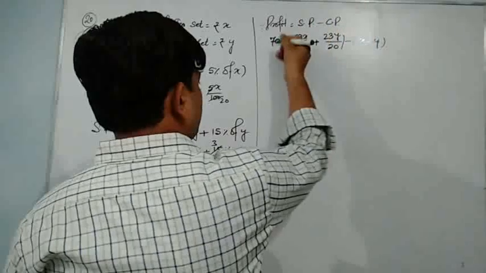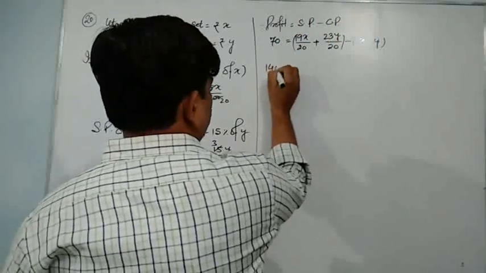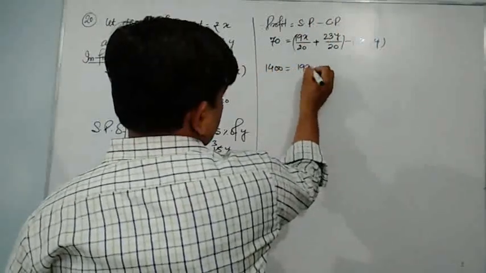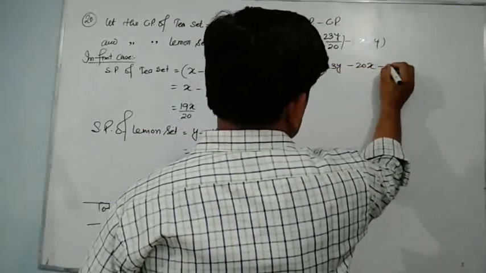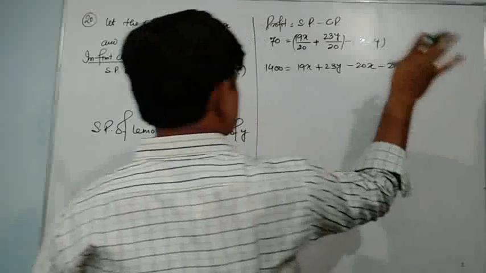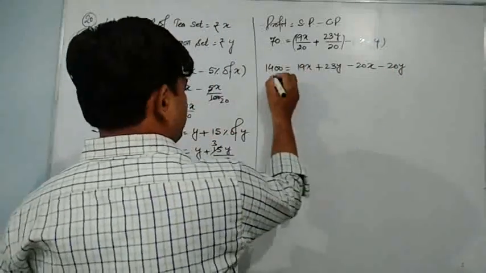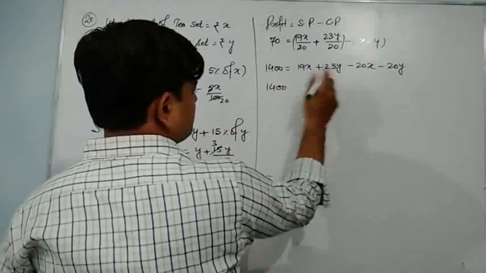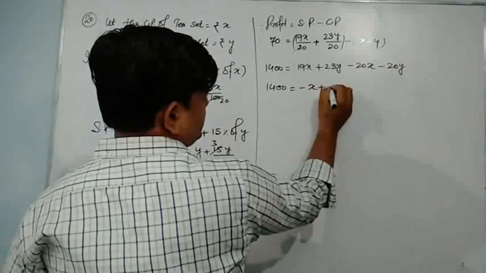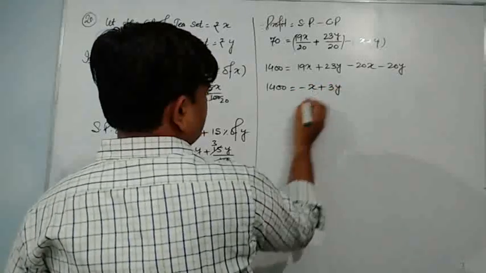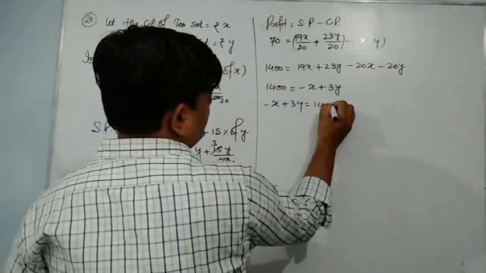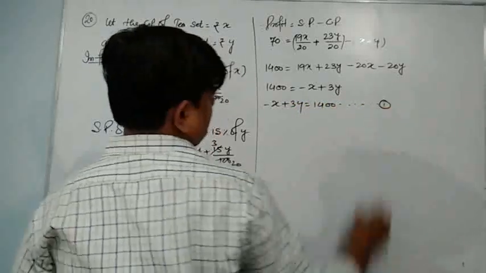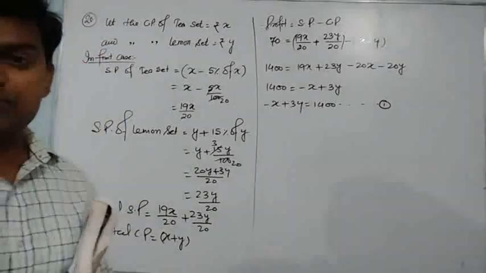Multiply by 20. When I multiply by 20, here I can write 1400. It's 19X plus 23Y minus 20X and minus 20Y. Now simplify. What will happen? 14 is equal to minus X plus 3Y. So minus X plus 3Y is equal to 1400. This is the equation number 1.